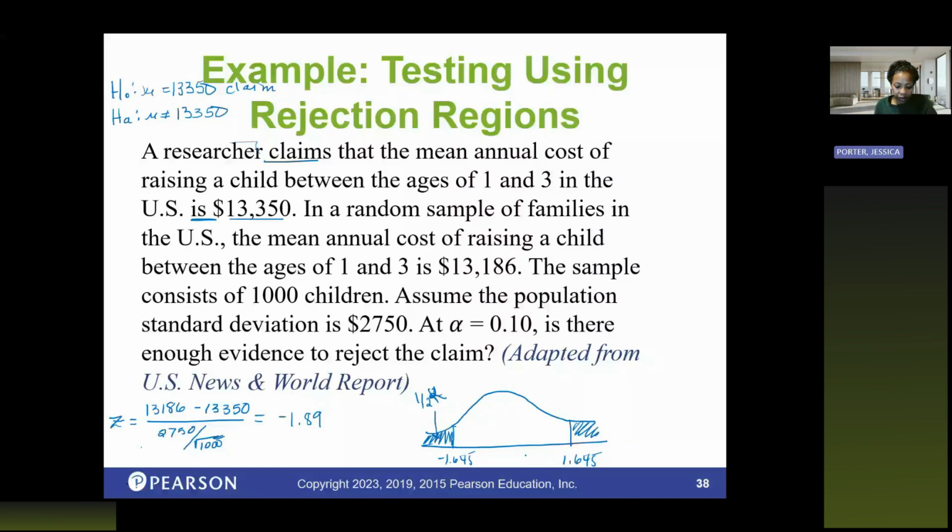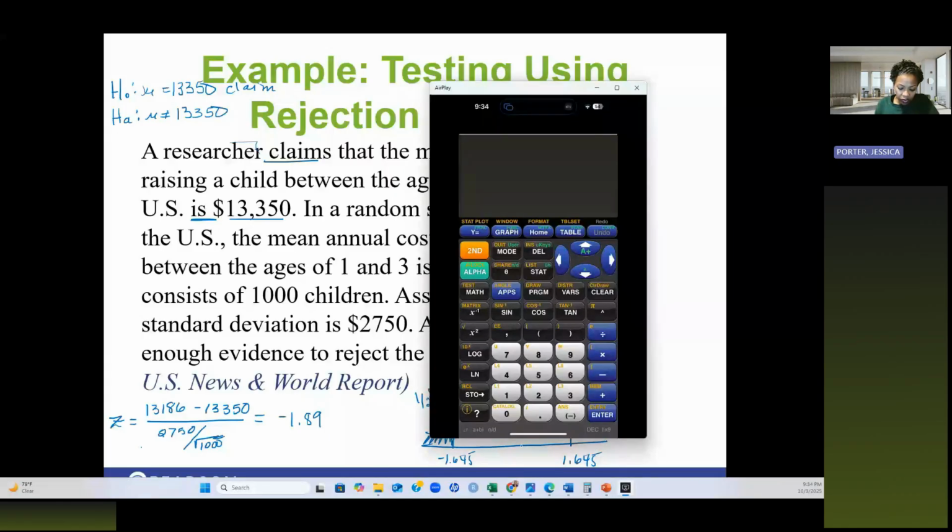In the calculator, second vars, inverse norm. I forgot what I put in here. I think it's 0.901.